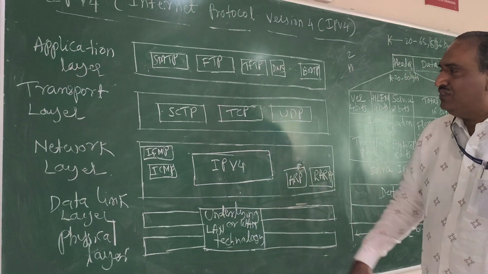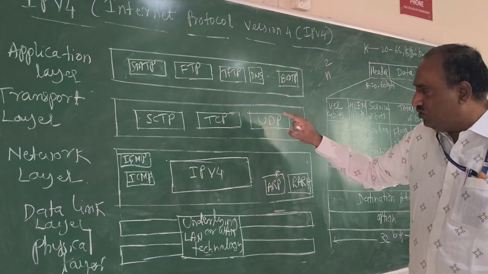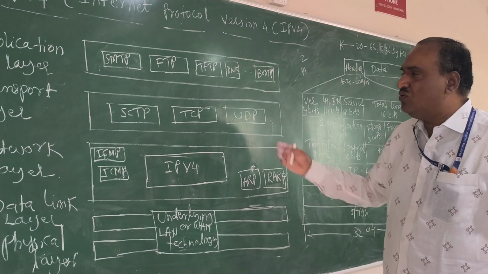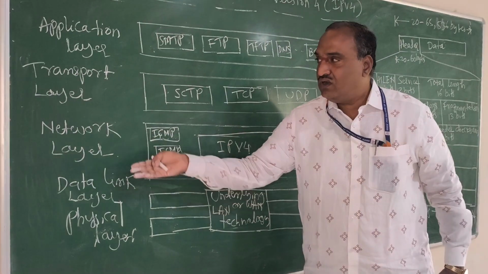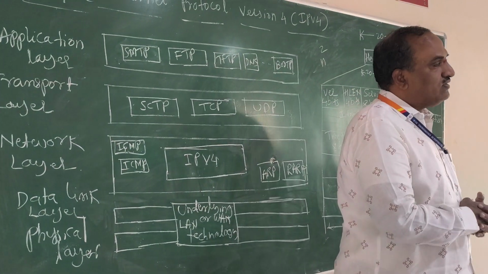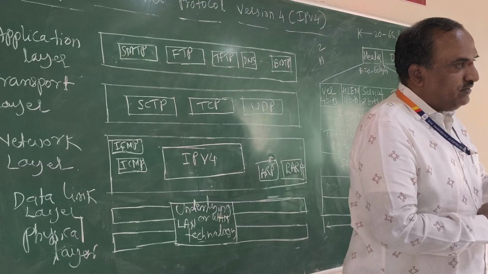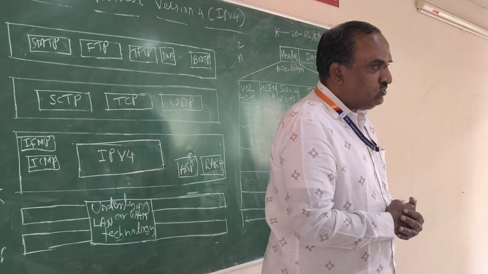IPv4. Then in the transport layer we will discuss TCP, transmission control protocol, and UDP, user datagram protocol. Those protocols are important. We already know the function of the network layer and of the transport layer. Even though the information is transmitted to the destination, in which process should it be stored?